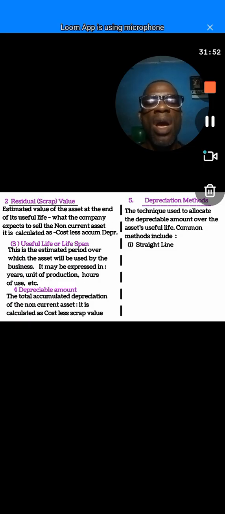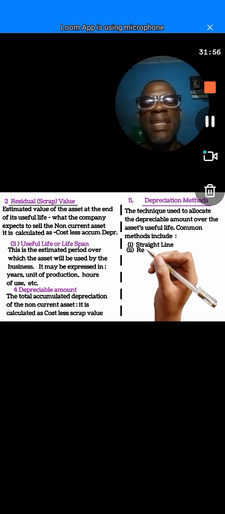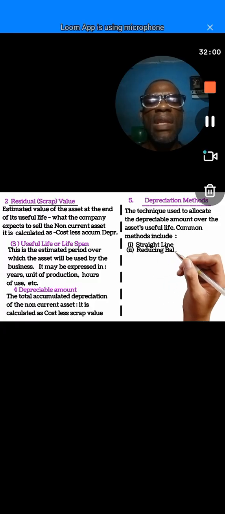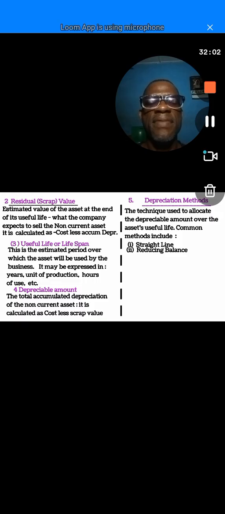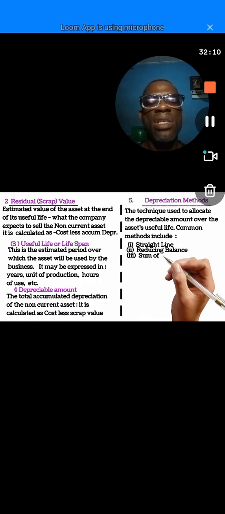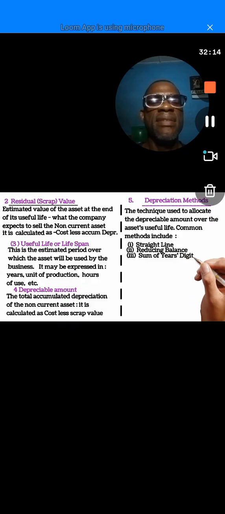Two, the reducing balance method. Three, the sum of the year digit method.